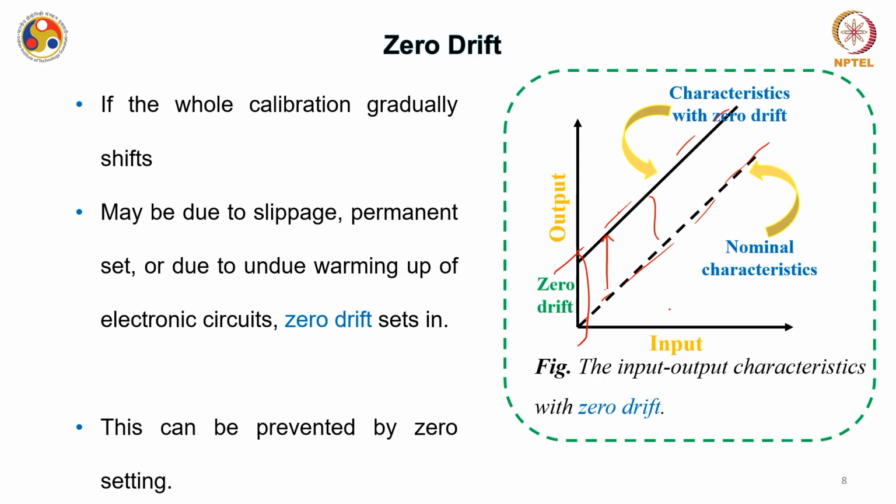It can be due to heating effect in the electrical or electronic circuit, or certain component can heat up. Because of these things, this zero drift sets in an instrument. Mostly these drifts can be prevented by a zero setting.